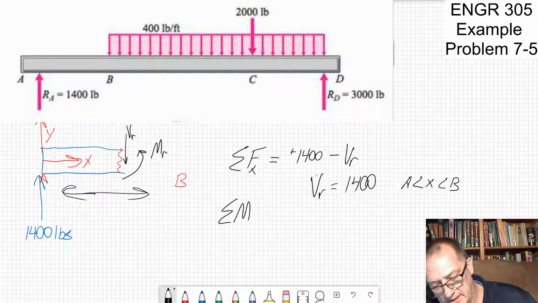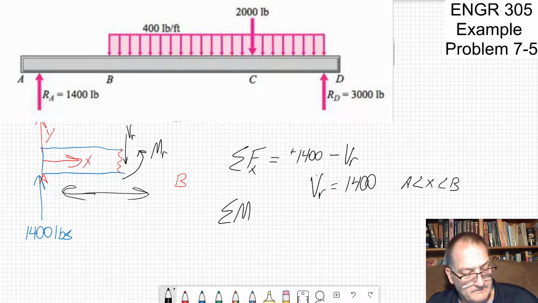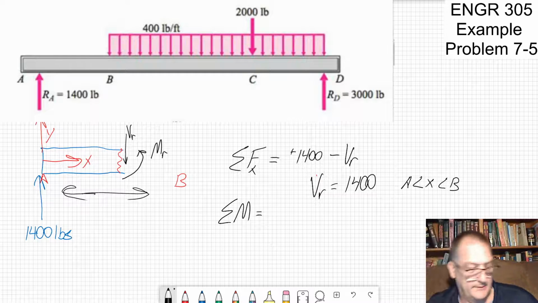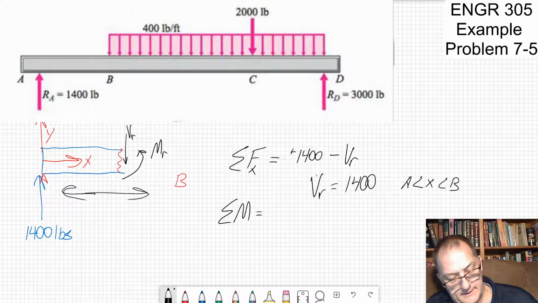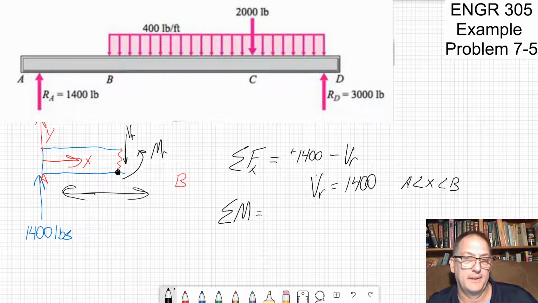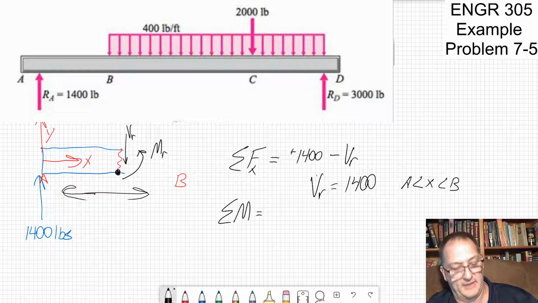Sum of the moments. I'm going to write that about the cut point, as we typically consider writing it around that point. And it'll make more sense in the next section, where we've got the distributed load and it makes a difference.